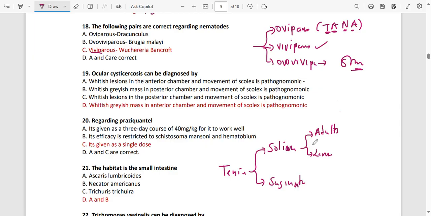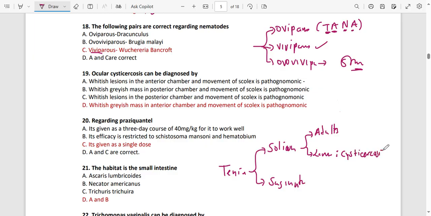Infection caused by the adult, what kind of infection is that? Taeniasis. And the larva is basically the baby, right? What does the baby cause? Cysticercosis.